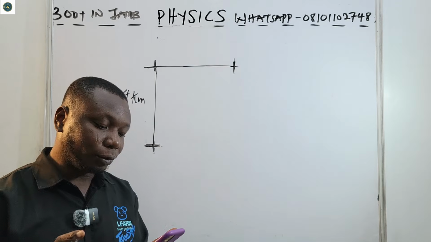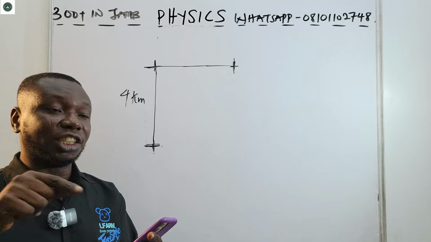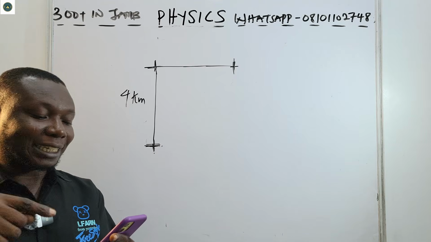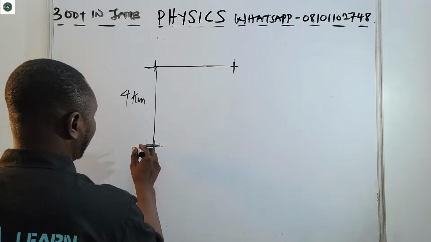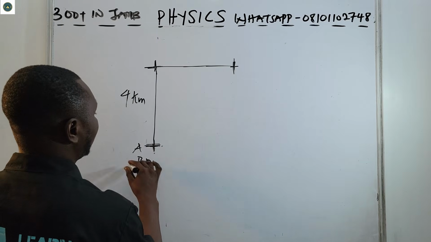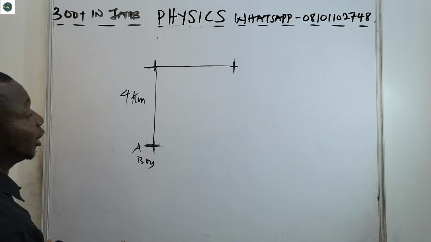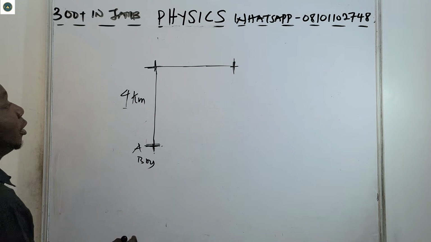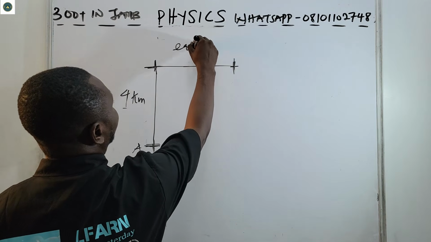I repeat the question. A boy running in the northern direction later changes his direction and started running towards the east direction. The boy is here. Let's say this is point A. The boy is running towards the northern direction for 4 kilometers. Immediately he changes, this is north, and started running east.